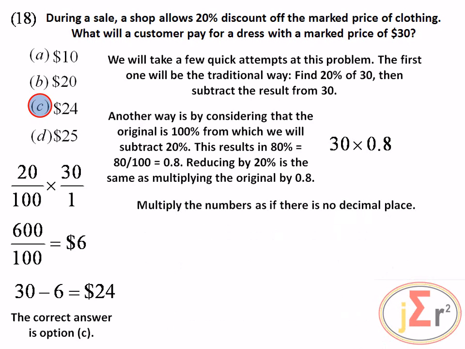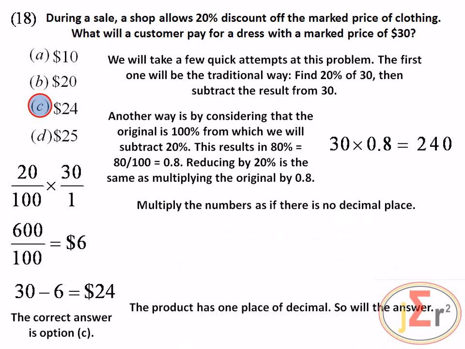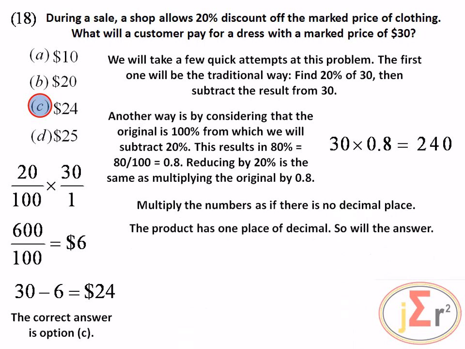Multiply the numbers as if there is no decimal place. That is what we always do. Then the product has one place of decimal, so let us put that one place of decimal in the answer. Traditionally, when we multiply numbers that have decimal places, we just multiply the numbers as if there is no decimal place.